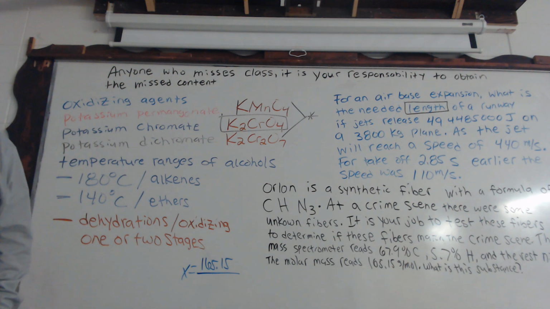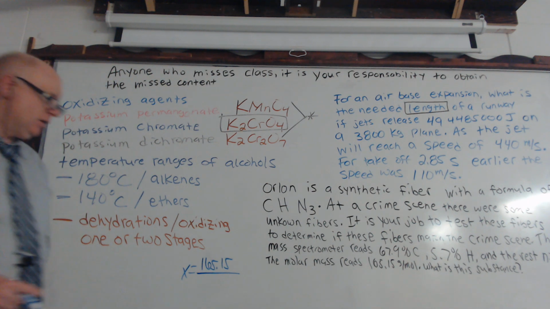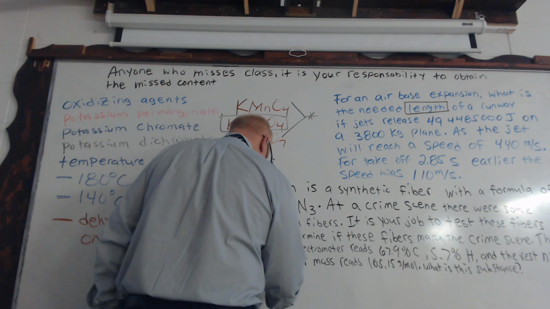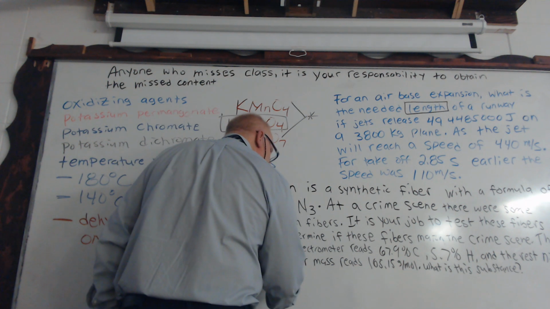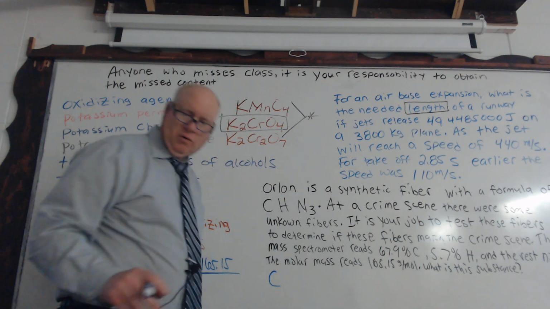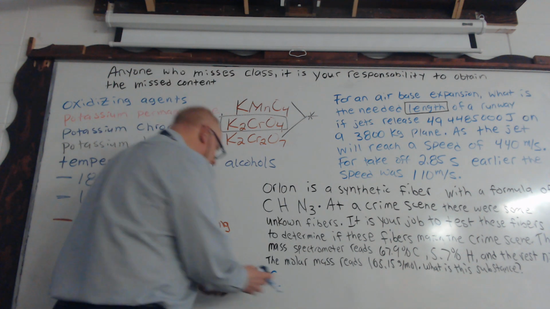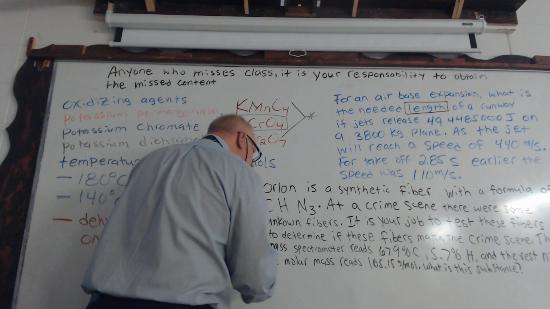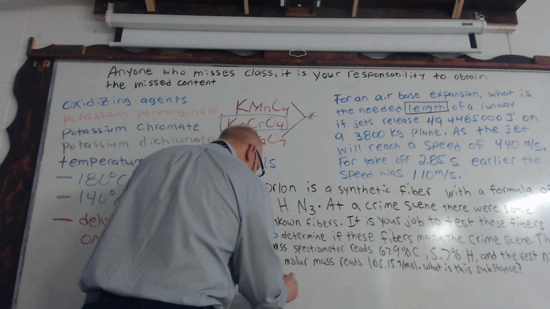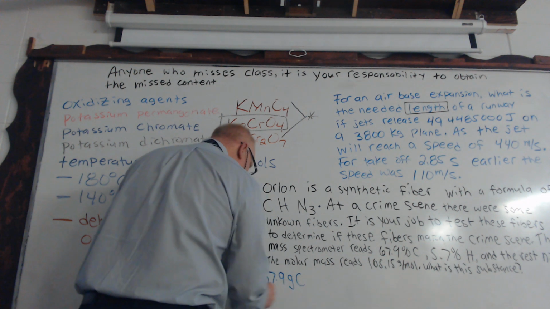Then we need to solve for x, but we still need a bottom number here, and we get that from our empirical formula. We take our amount of carbon, which is just about 68 grams, 67.9%, which then gets changed to grams of carbon.